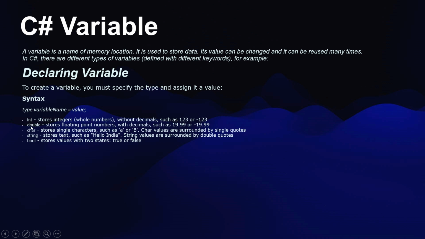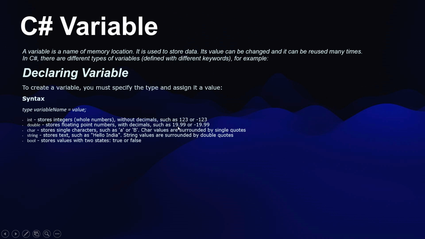One more variable type I have is double. Double stores floating point numbers with decimals. If you are going to store any decimal data, you need to define a double type of variable.